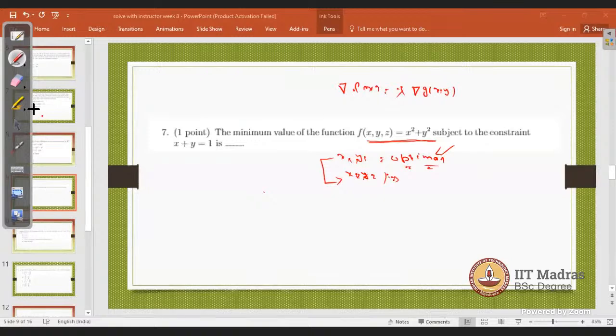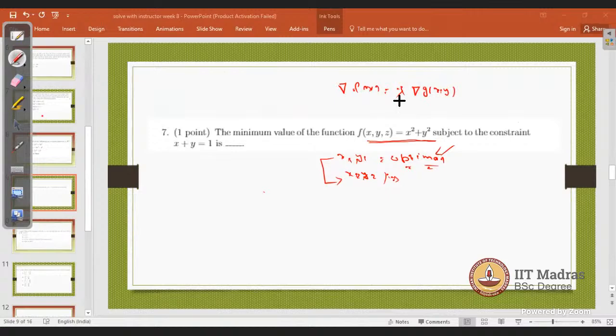And then one thing, sir. Whenever we are doing this, del f(x) equal to minus lambda del g(x), this means that the direction of the gradient for f should be exactly opposite to the direction of the gradient of g.